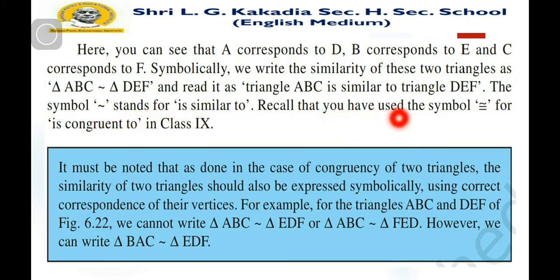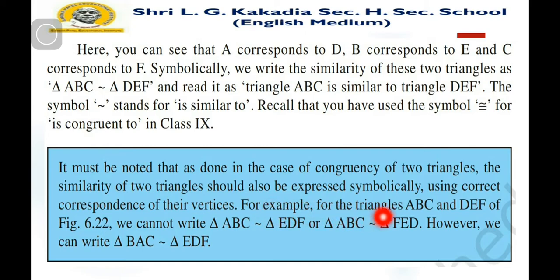Recall that you have used the symbol for congruent. This is the symbol for 'is congruent to' in class 9th, as we know. Now it must be noted that, as done in the case of congruency of two triangles, the similarity of two triangles should also be expressed symbolically using the correct correspondence of their vertices.